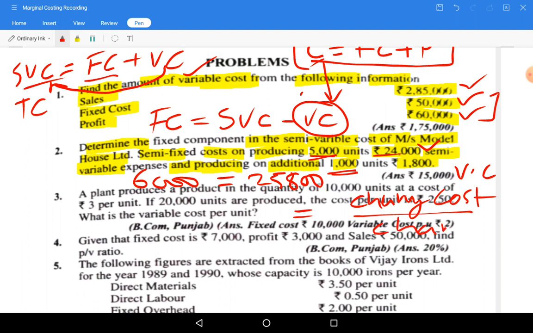There is one formula relating to it. What is it? Change in cost divided by change in units. With this we can get variable cost per unit. After getting variable cost per unit, we can get variable cost. With the variable cost we can find out the fixed cost. Let us see the answer relating to it now.